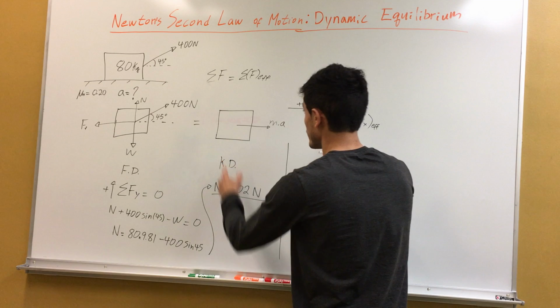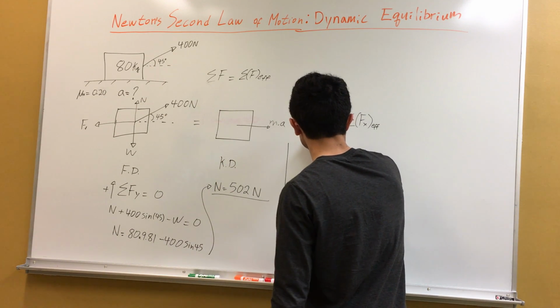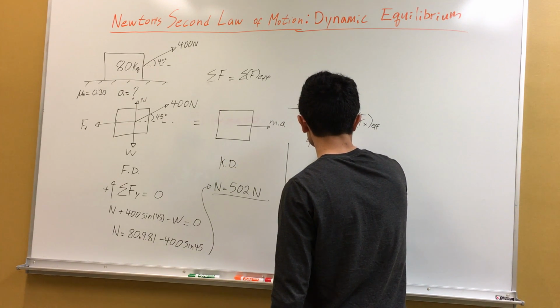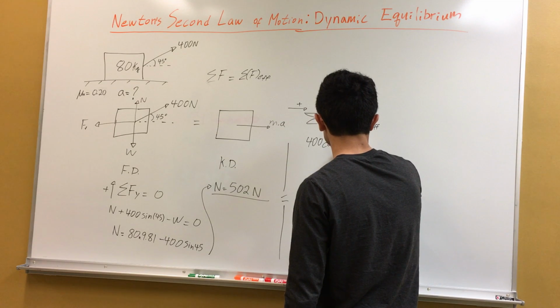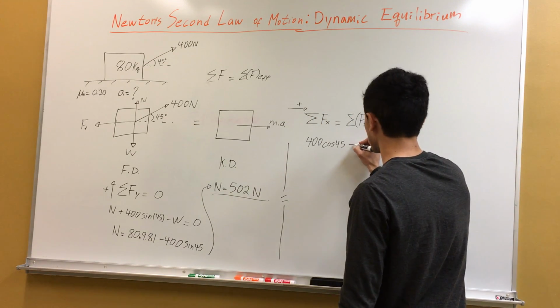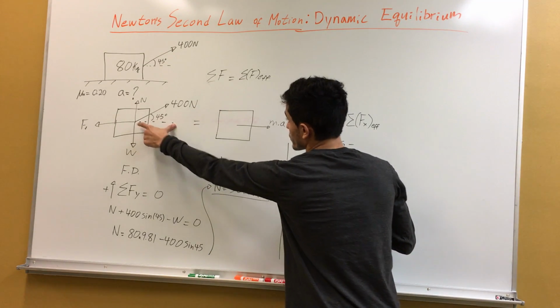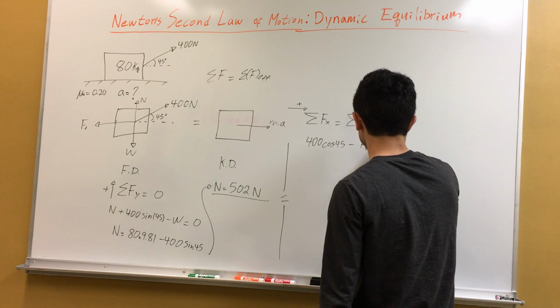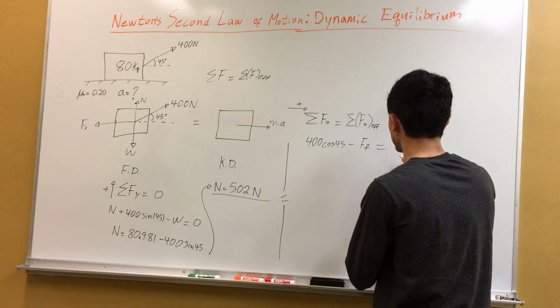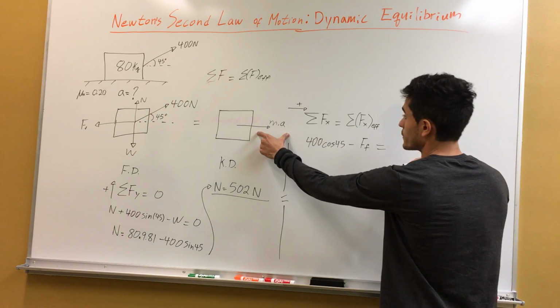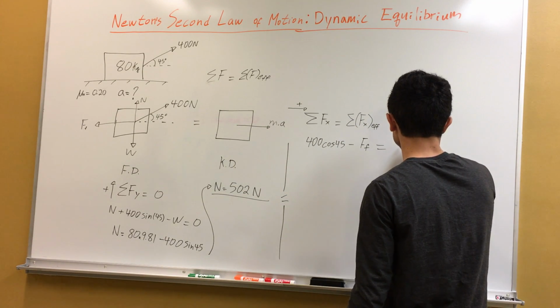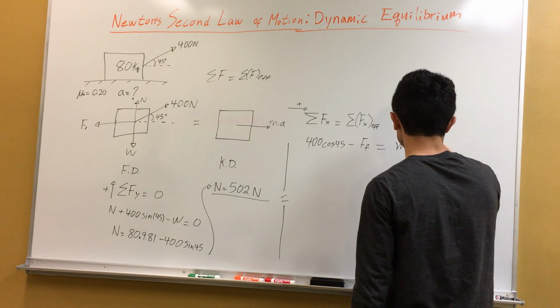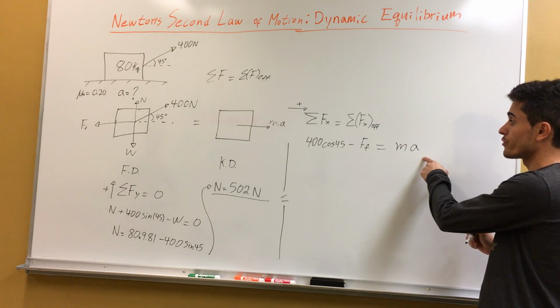In our case, we have 400 times the cosine of 45. That's the force acting in the horizontal direction, minus the force of friction. That's going to be equal to m times a, which is our resultant. We have m and we want to find a.